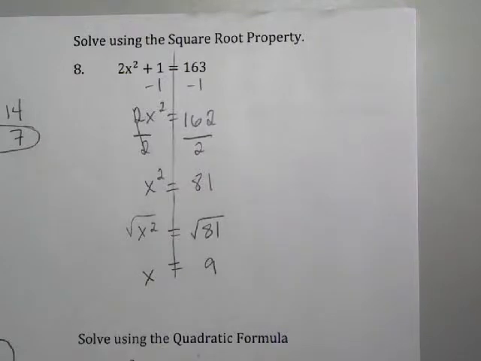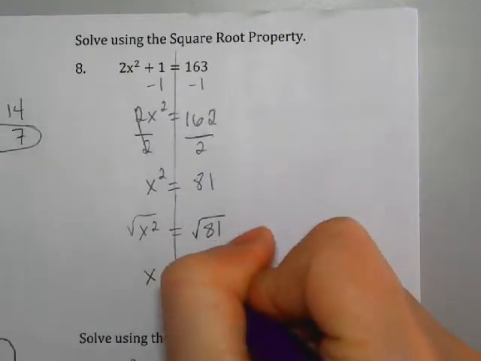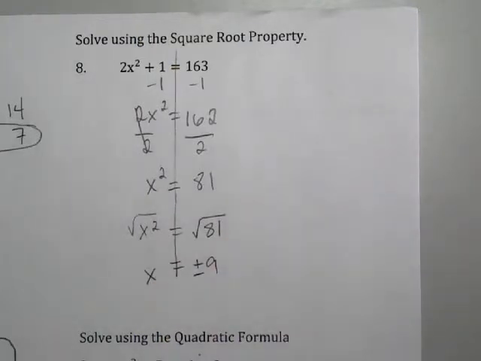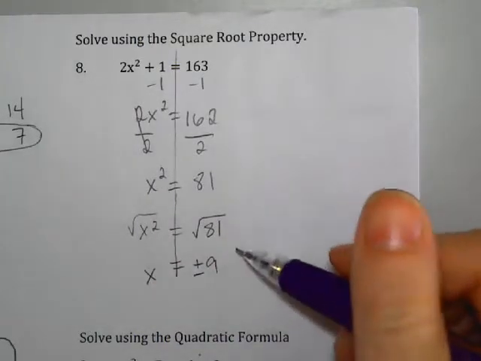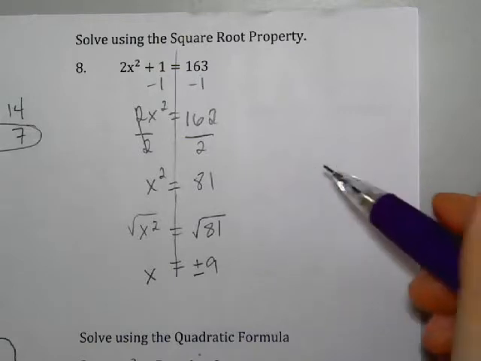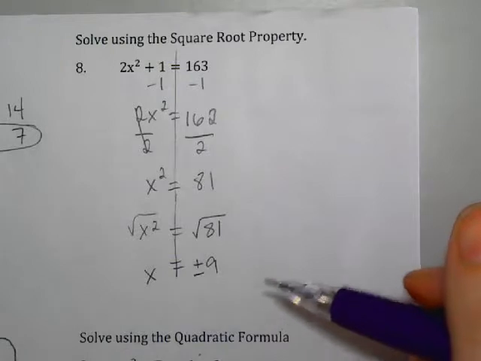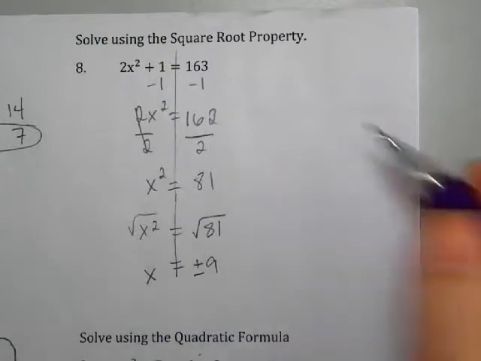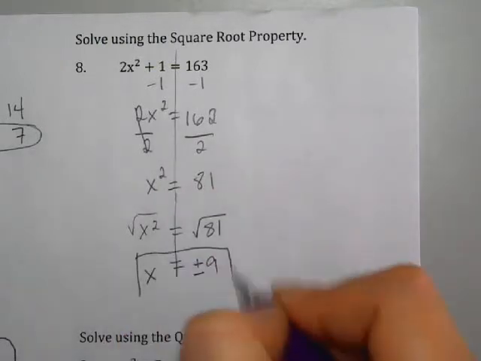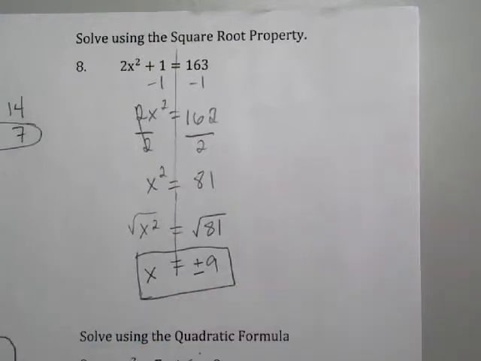No. Plus or minus, because when I take the square root of 81, I'm looking for a number that multiplies by itself to give us 81. 9 times 9 gives me 81, and negative 9 times negative 9 also gives me 81. So my answer here is x equals plus or minus 9. Any questions on that one?